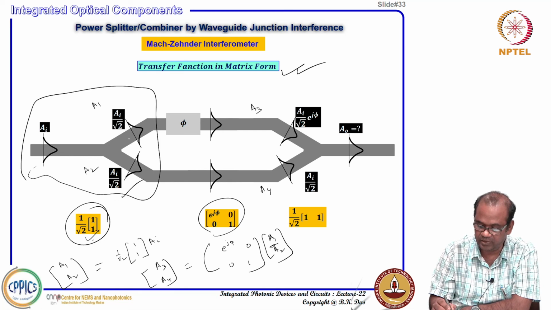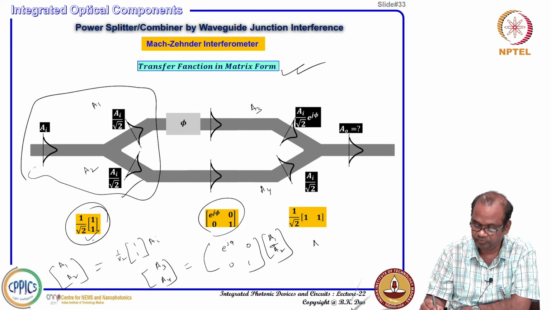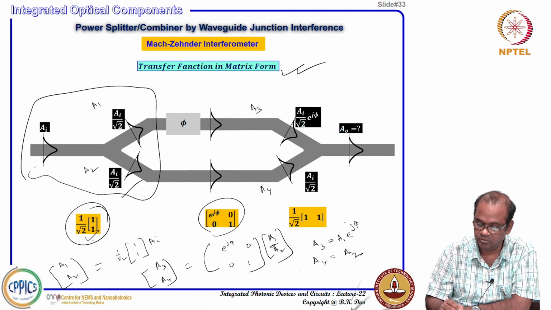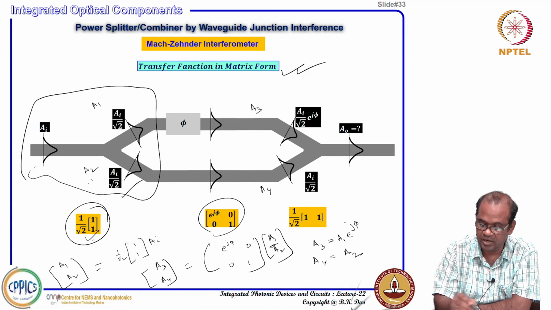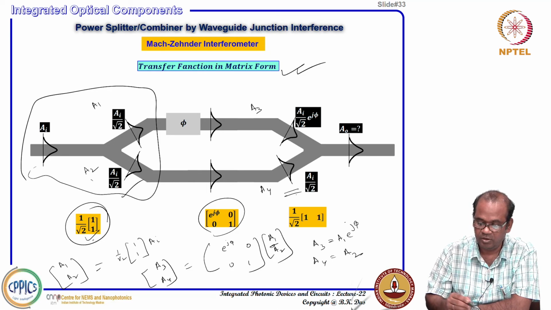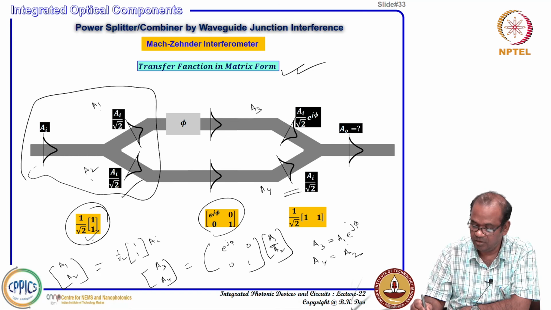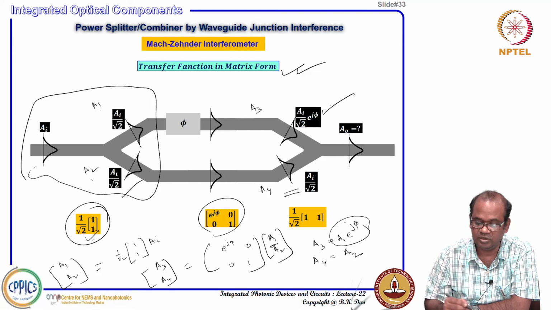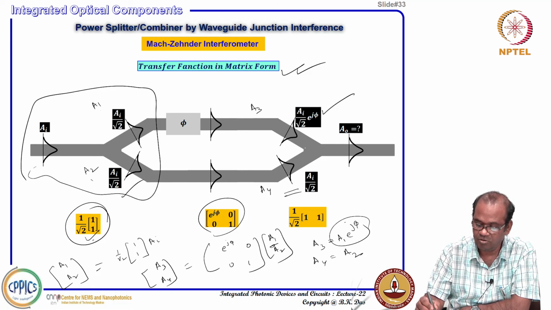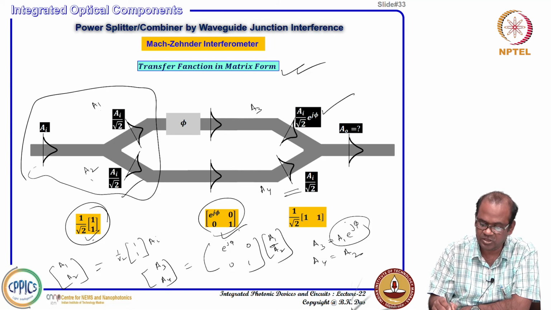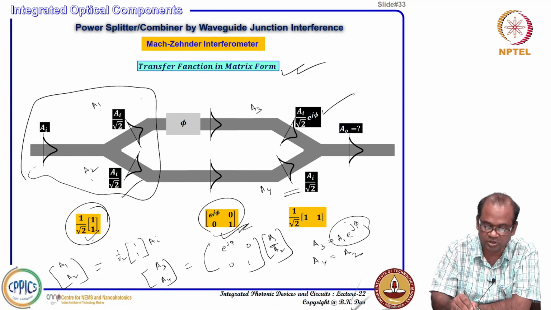Whatever A1 you are getting, A3 will be A1 e to the power jφ, and A4 will be A2. Whatever A2 is there will be your A4, and whatever A1 is there will be your A3 with e to the power jφ. Now this matrix you can use as a transfer matrix for this section.